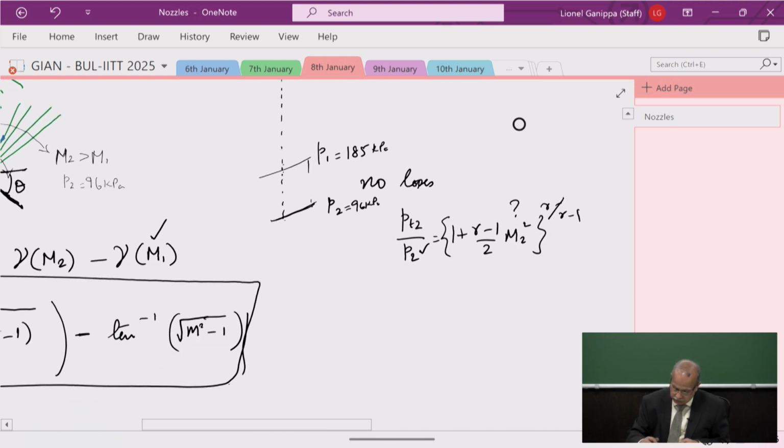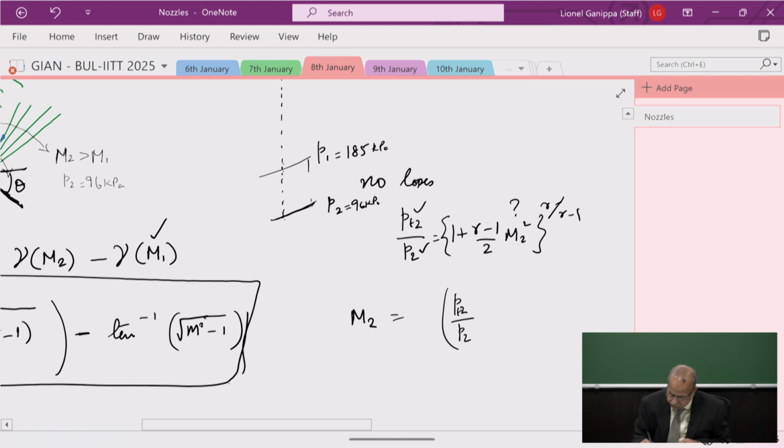So M2 will be the square root of ((PT2 by P2) power gamma minus 1 by gamma, minus 1) into 2 divided by gamma minus 1.